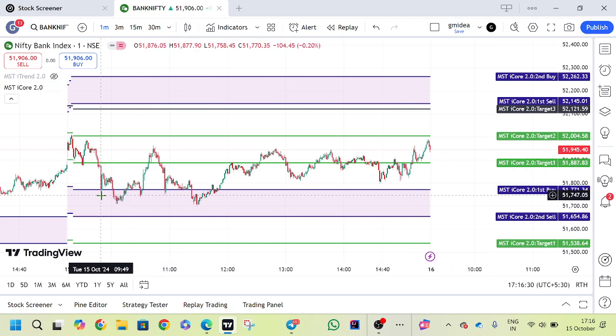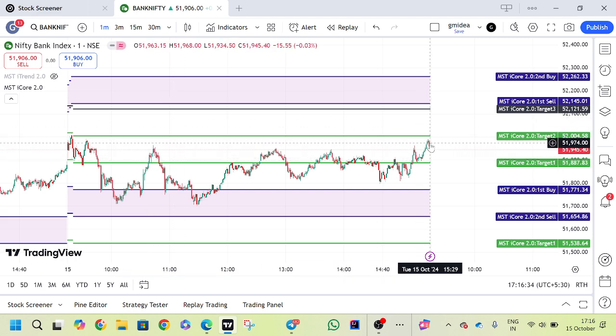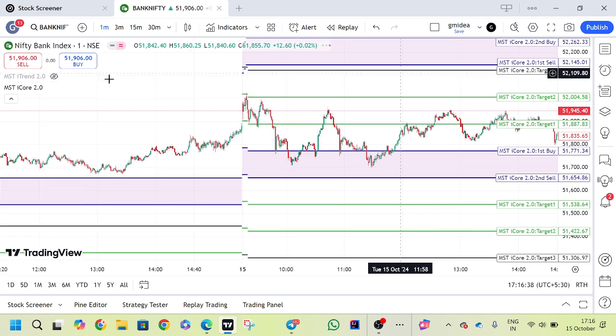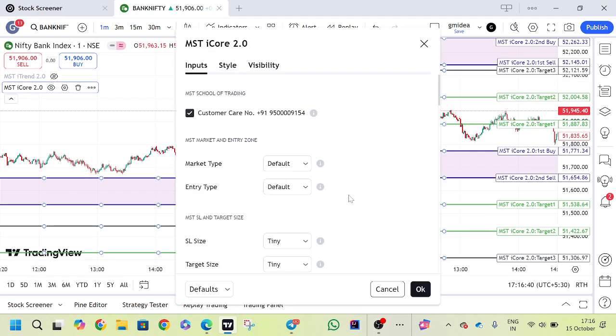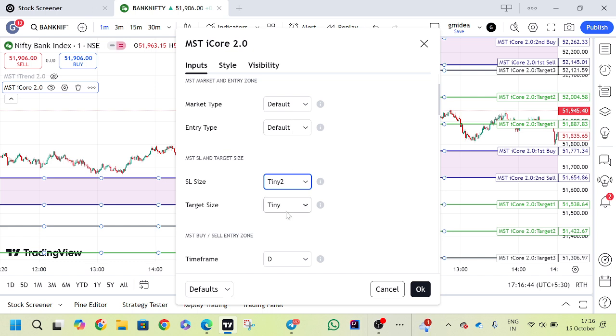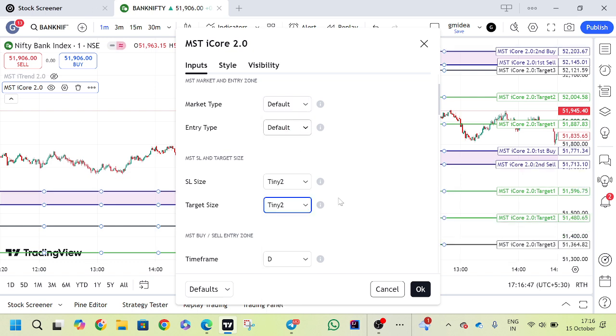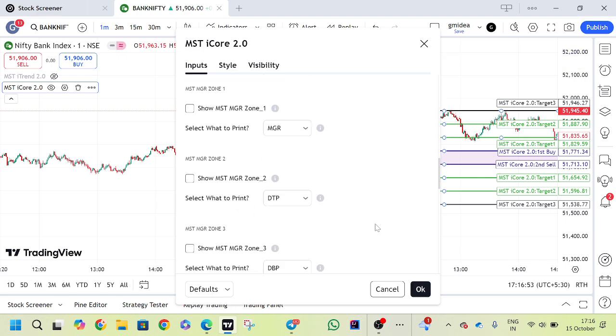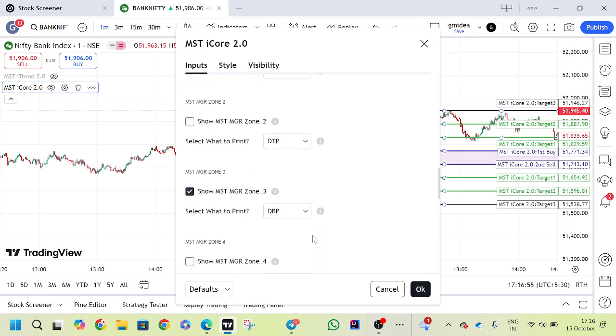See here, buy activated, first target and second target also hit. But usually what we will be doing, we will be keeping only tiny 2 stop loss and tiny 2 target. Clear? So now you tell me what has happened, whether a sell hit or target hit.